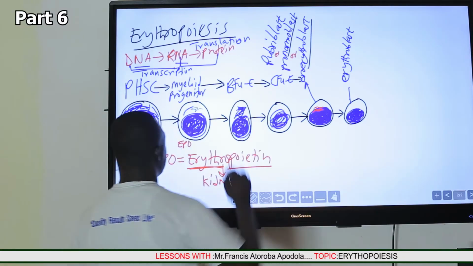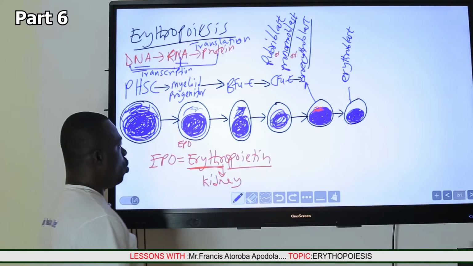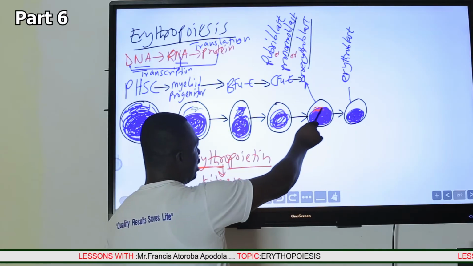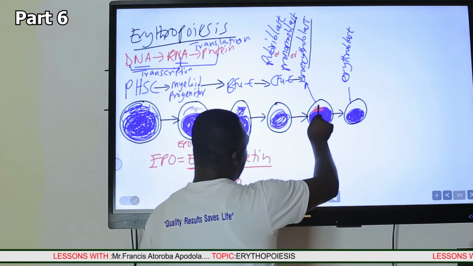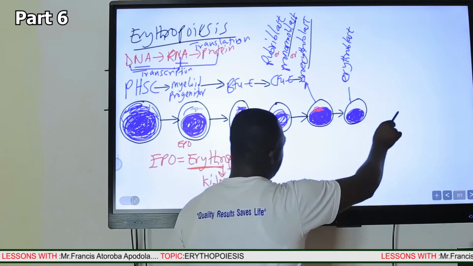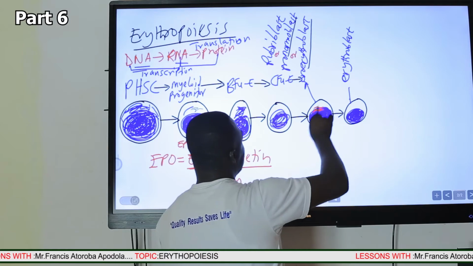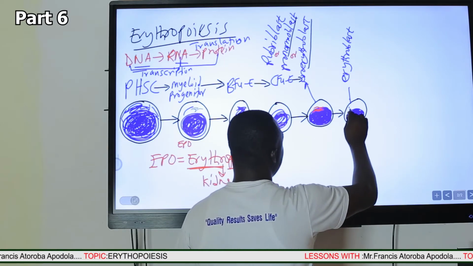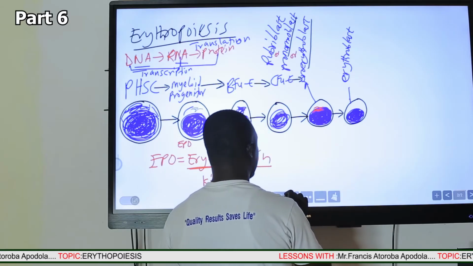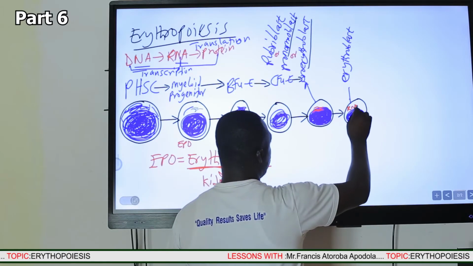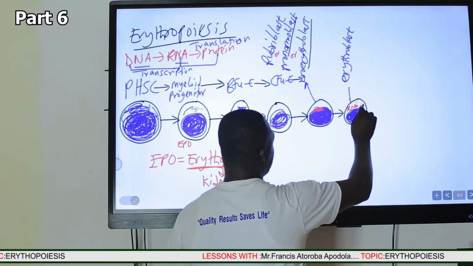So this is translation. And so in the pro-erythroblast stage or the pro-normoblast stage, the genes that are there, that is the DNA, there is going to be transcription of the information. And this implies that we have a lot of RNA, so there will be a lot of RNA in the cytoplasm of the cell.